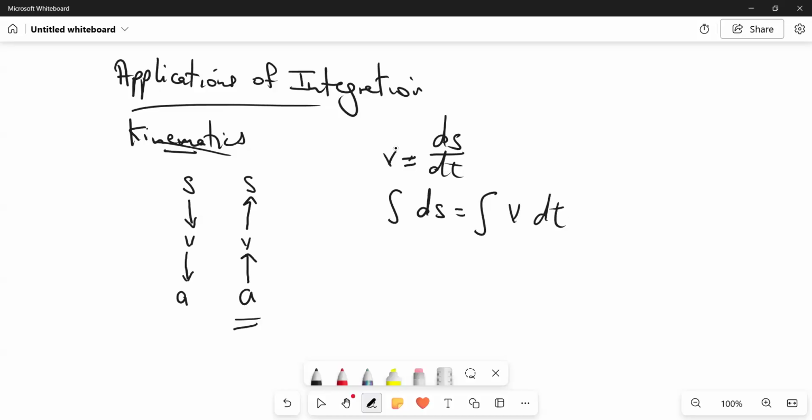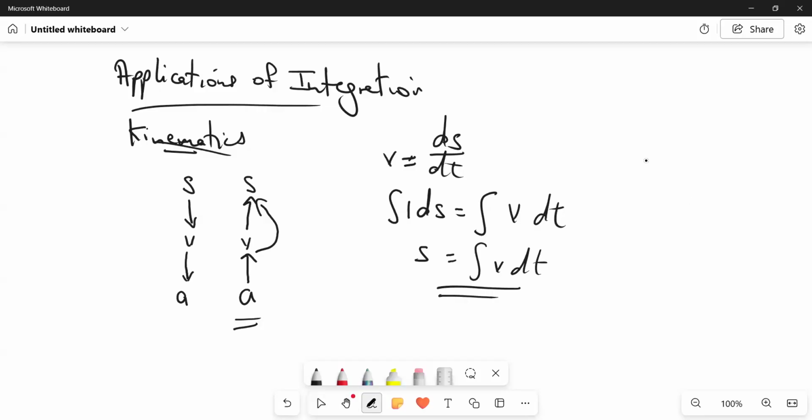So if I integrate 1 with respect to s, you're going to get s. So s is equal to the integral of v dt. That's what I'm saying here. If you integrate v, you're going to get s.